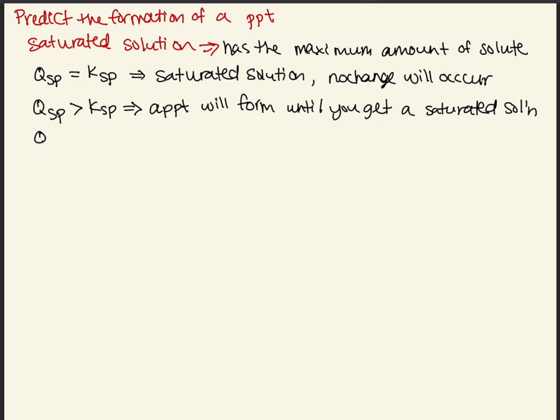If Q is less than K, then no precipitate will form. The solution is unsaturated.